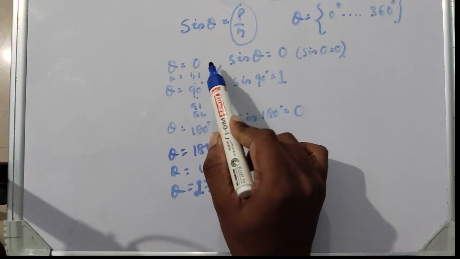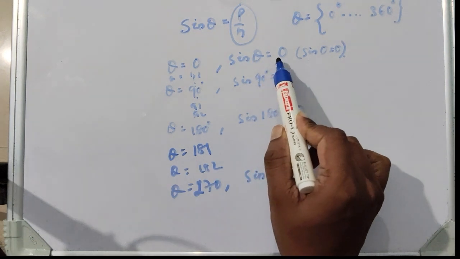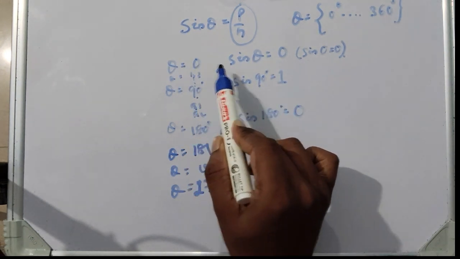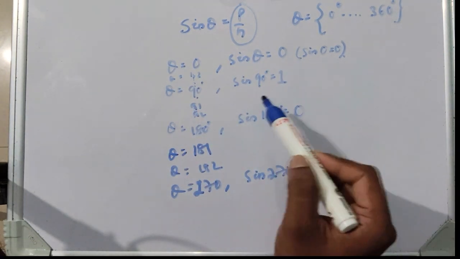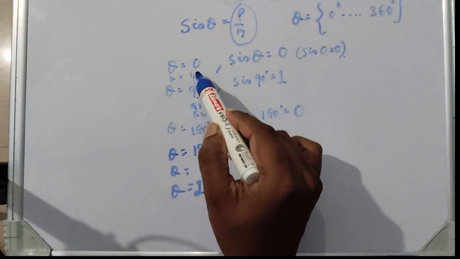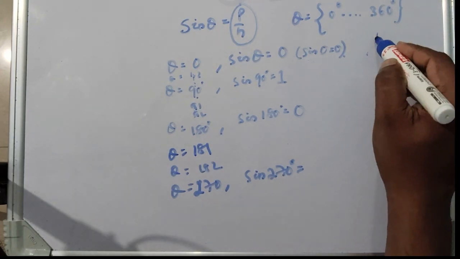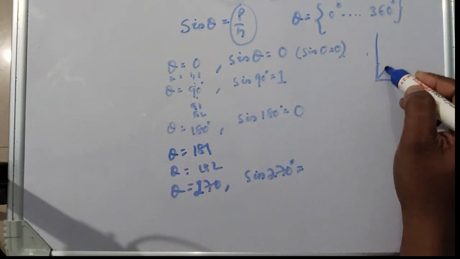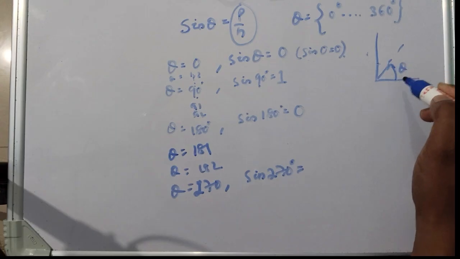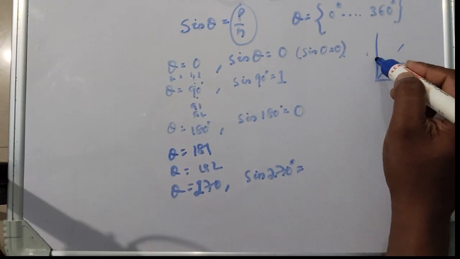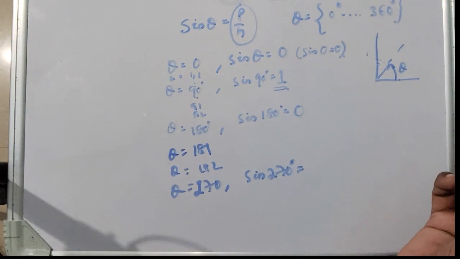Now we know sine theta: when theta is equal to 0, sine of 0 is equal to 0. Then suppose theta increases from 0 to 90 degree, then the value becomes 1.